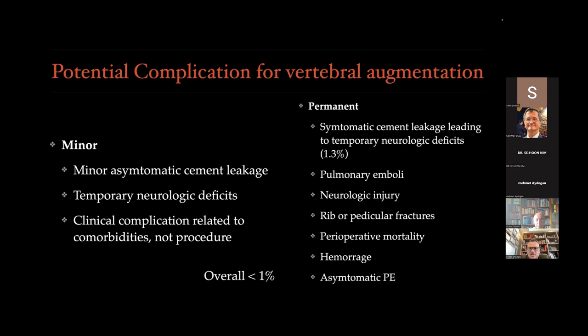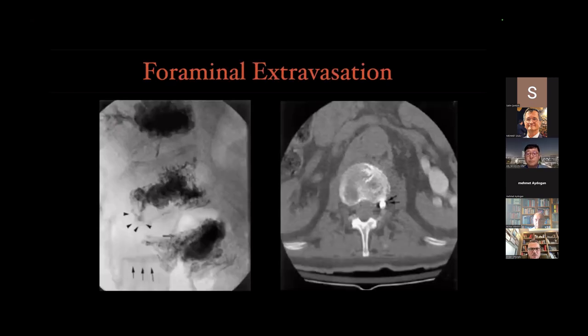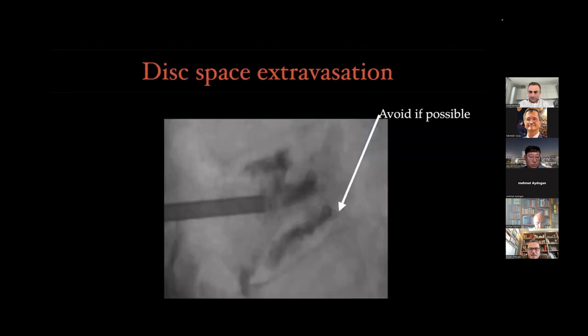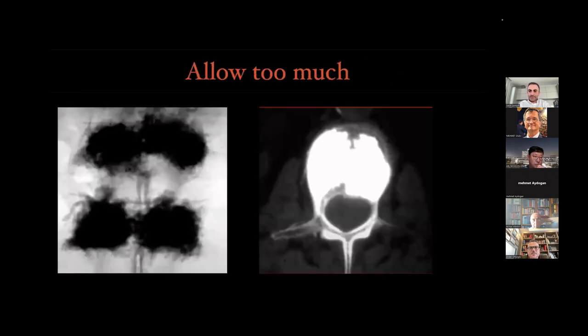Some permanent complications may be symptomatic cement extravasation, neurologic deficit, pulmonary emboli, and other types of complications. If there is foraminal extravasation, the patient tells us if under local anesthesia, not general; radicular pain, radicular damage. Sometimes disc space extravasation. Avoid it, stop the injection of the cement.